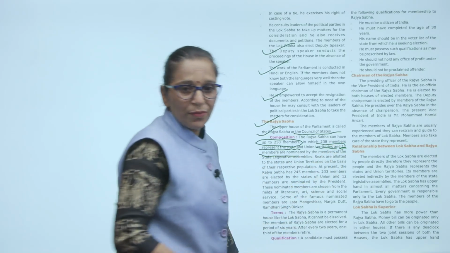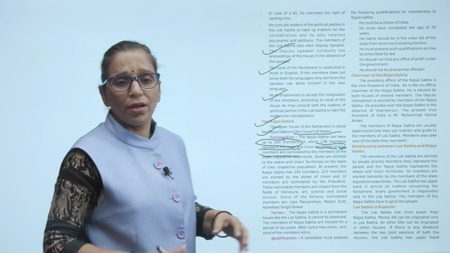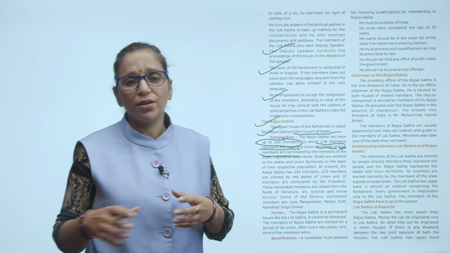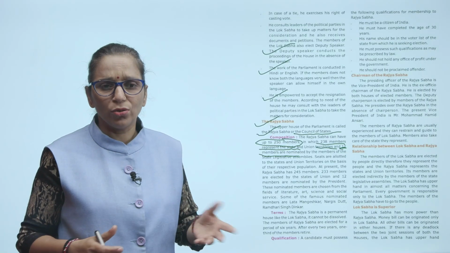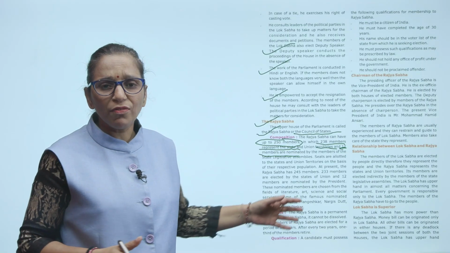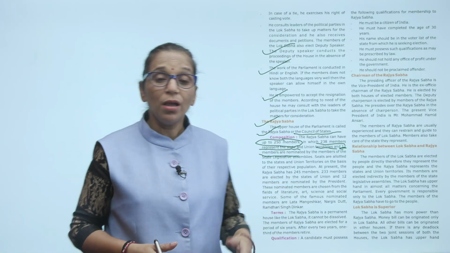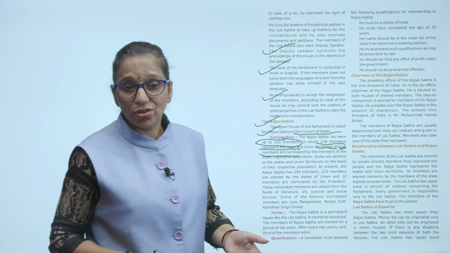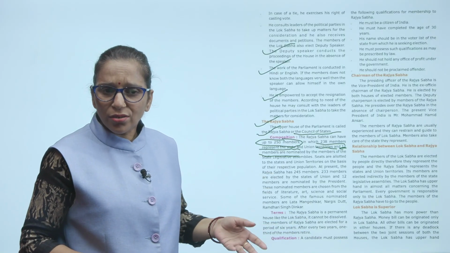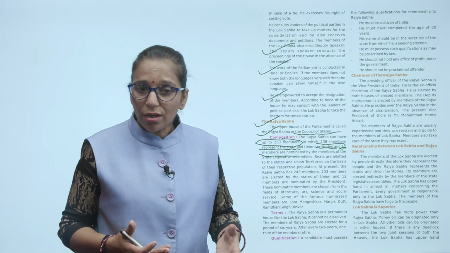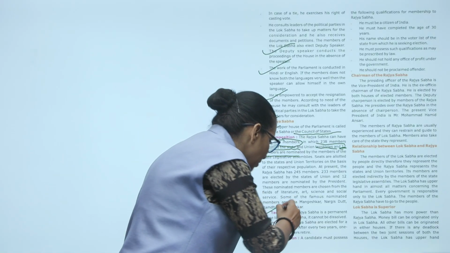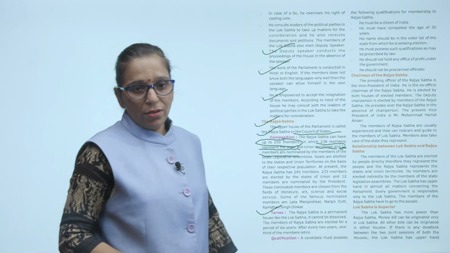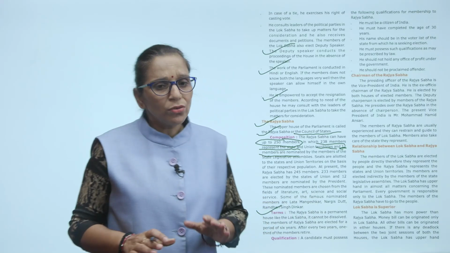12 members. And the President is going to nominate these 12 members from different fields: maybe education, sports, arts, science, social service, etc. Some of the famous nominated members of Rajya Sabha are Lata Mangeshkar, Nargis Dutt, Ramdhari Singh Dinkar ji, Sachin Tendulkar, etc. Now, regarding the term, Rajya Sabha is a permanent house; it is not dissolved at any particular time.